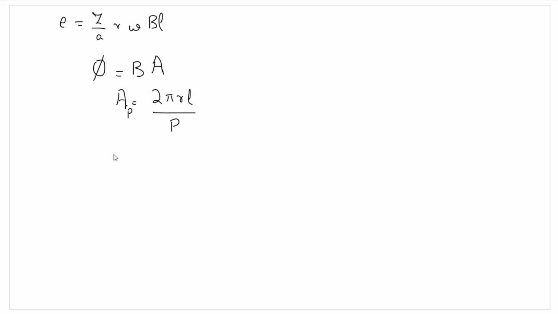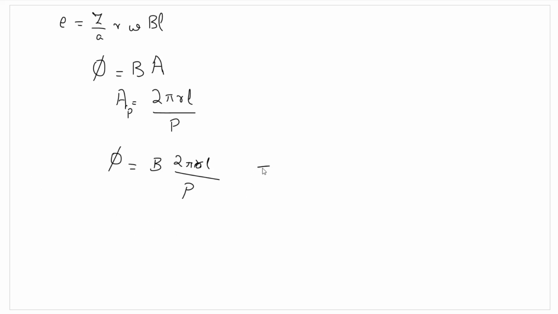So flux in that case will be B into 2 pi RL divided by P, where A is the area of the cylindrical surface of the rotor per pole.